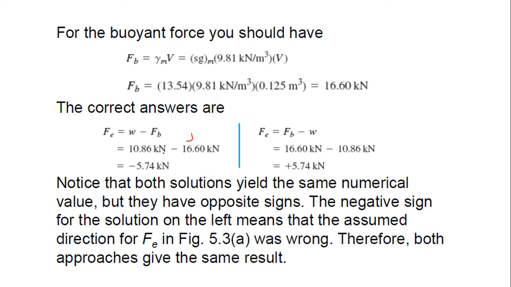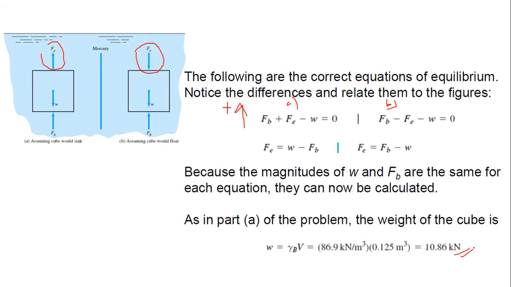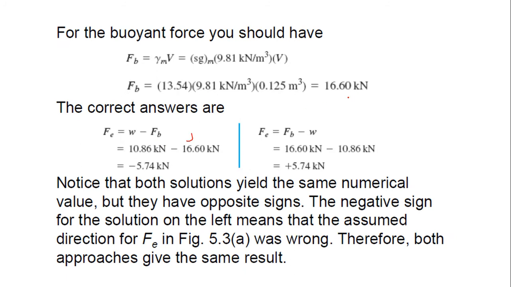So W is 10, we calculated 10 earlier, and FB we calculated 16. So the value is negative. So take note of this, it is negative 5.74.